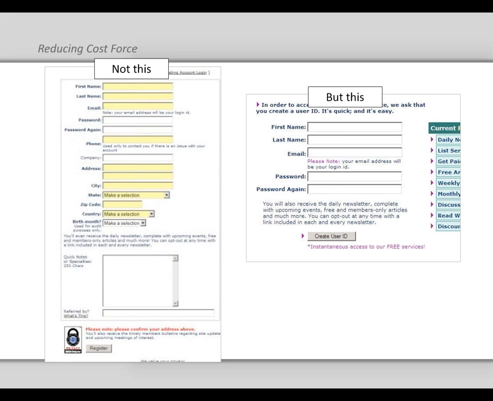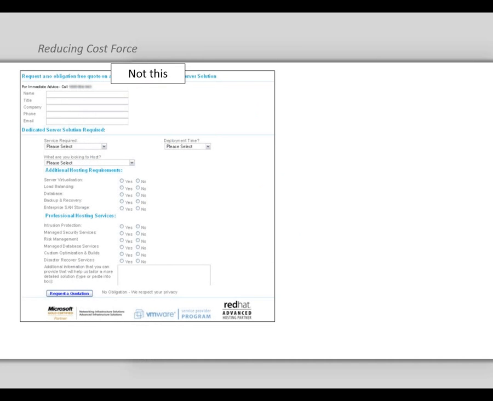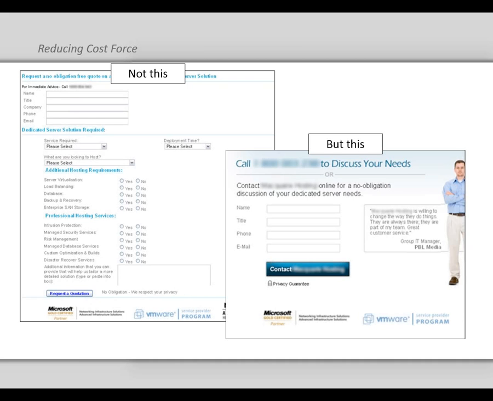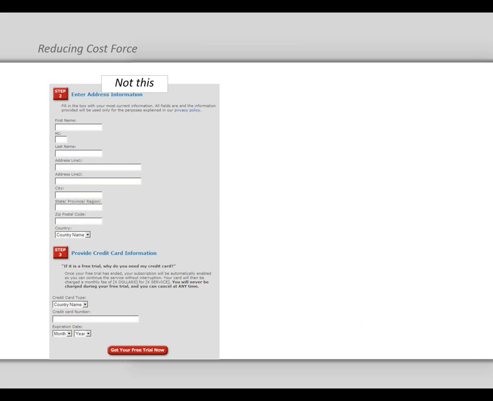Not this, fill out all this information to request a quotation, but this: name, email, title, phone. Not this, but this. The interesting thing about this example is that in both cases, they ask for the exact same amount of information, but the orientation of how the information is laid out actually makes it look like it's less.